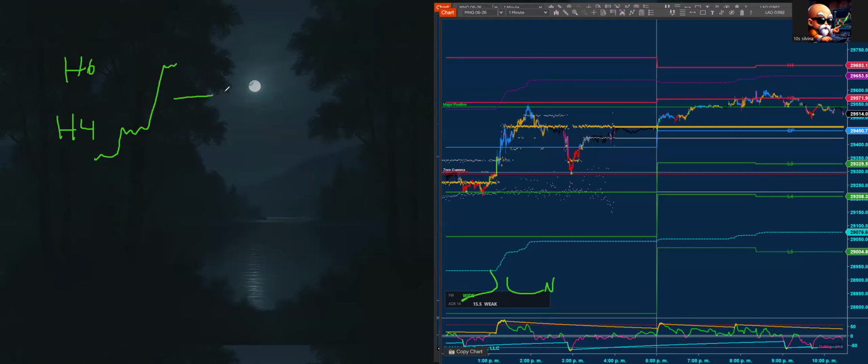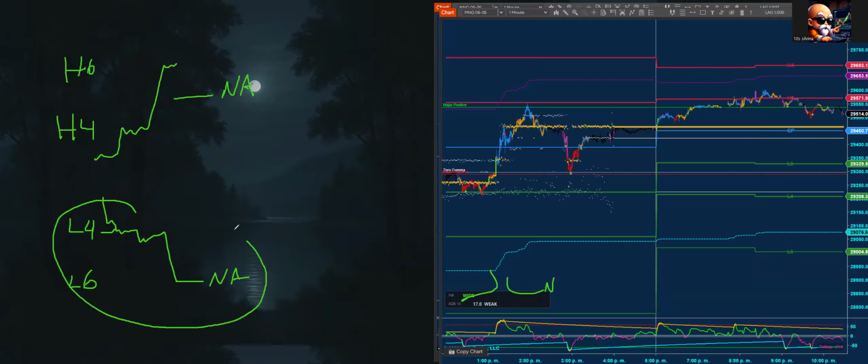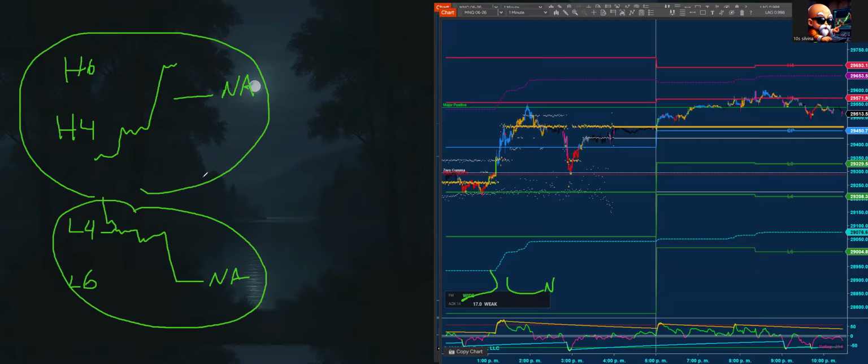So this is the playbook of a narrow. And the other playbook for narrow is L4 to L6. On a narrow day, if price breaks down L4, that means try to find L6. And this is the other narrow. These two playbooks are extensions. Okay?